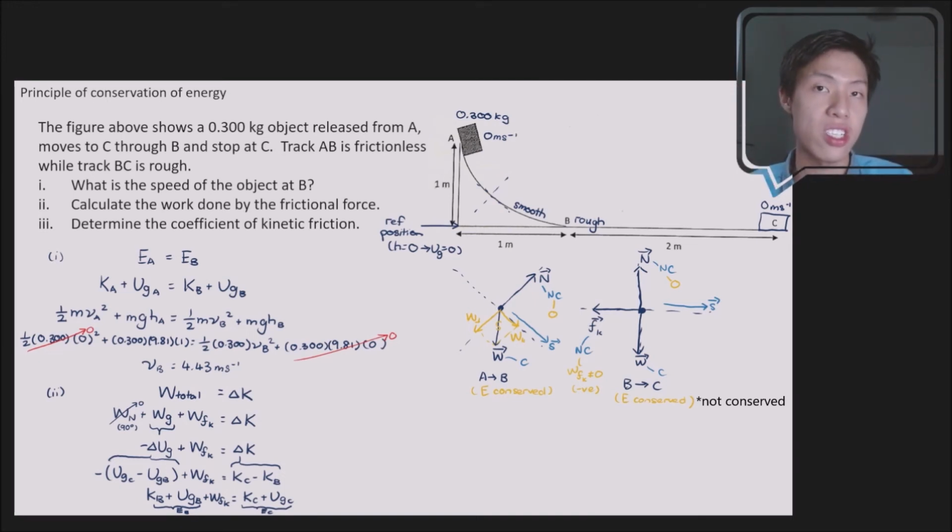So the mechanical energy is not conserved. But the change in mechanical energy can be represented by the work done by kinetic friction.